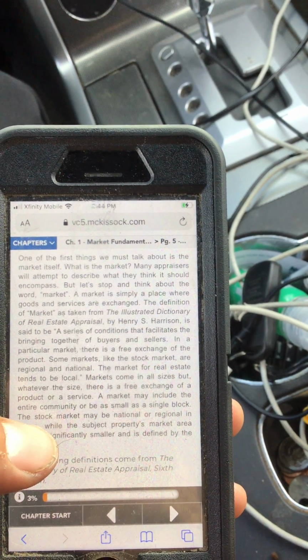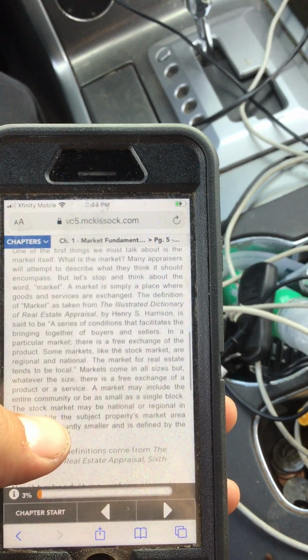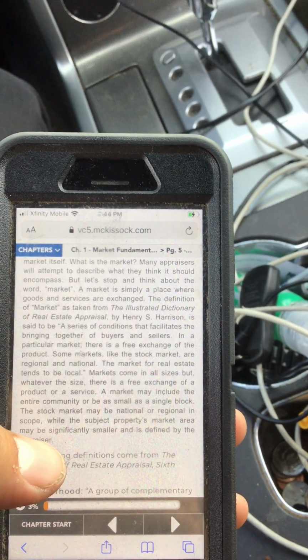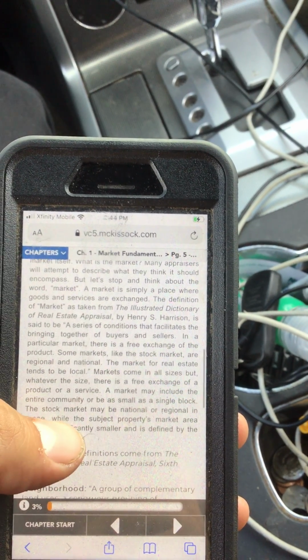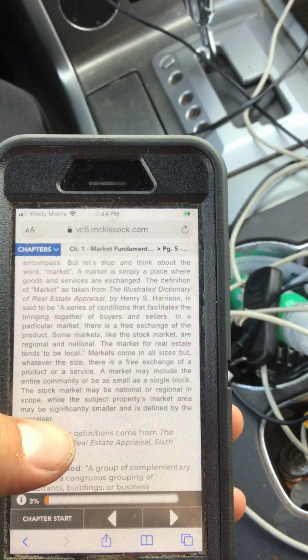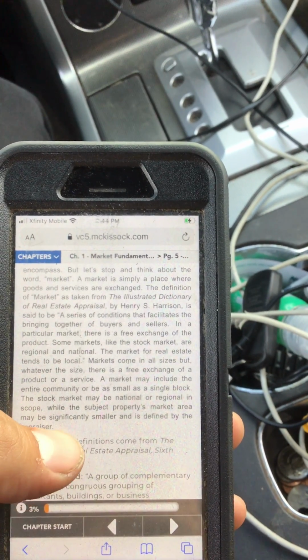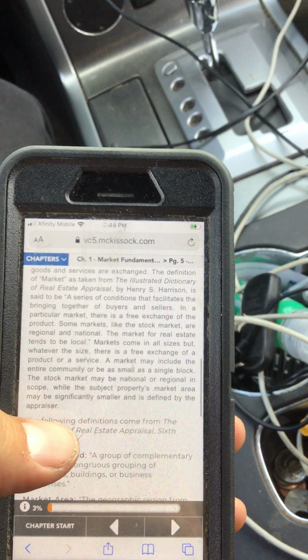One of the first things we must talk about is the market itself. What is the market? Many appraisers will attempt to describe what they think it should encompass. But let's stop and think about the word market. A market is simply a place where goods and services are exchanged.